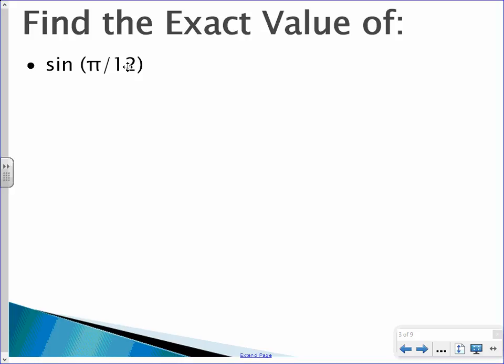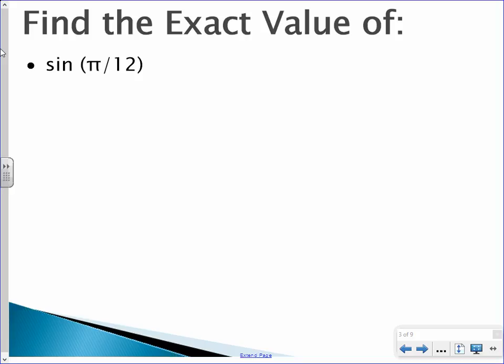Okay, we're going to start with our sine formula. So if you open that first little flap, you see the sine of pi over 12. Now, we do not know how to evaluate the sine of pi over 12. But could we take two angles that we know and subtract them to get pi over 12? What two angles subtract to be pi over 12?